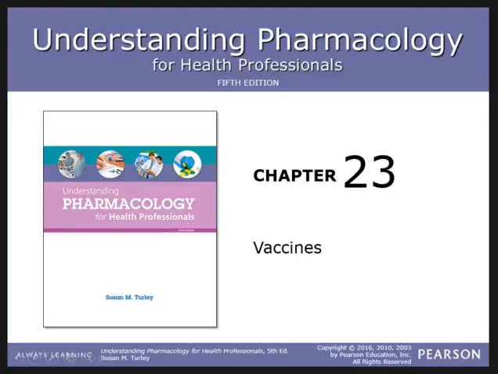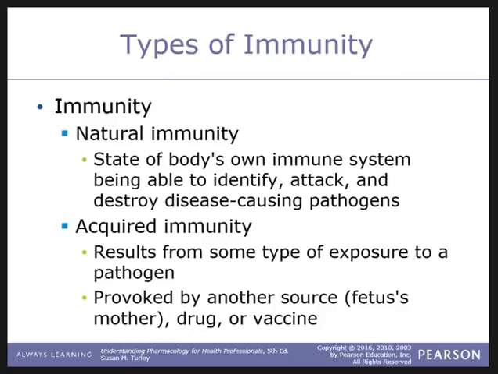Chapter 23, Vaccines. In this part of the lecture, I'm going to give some background information, first talking about the types of immunity. There's basically two types of immunity. There's natural immunity, or what we call innate. It's where the body creates its own immune system and its own ability to identify and attack and destroy disease-causing pathogens.